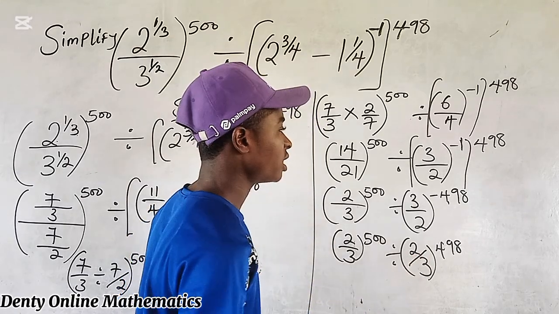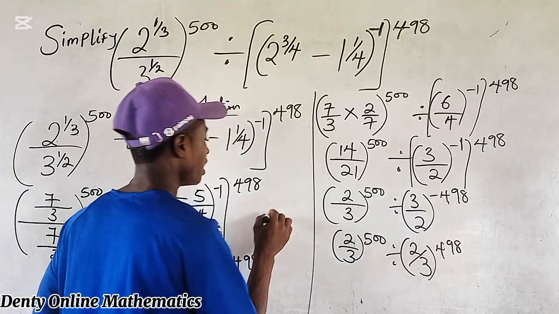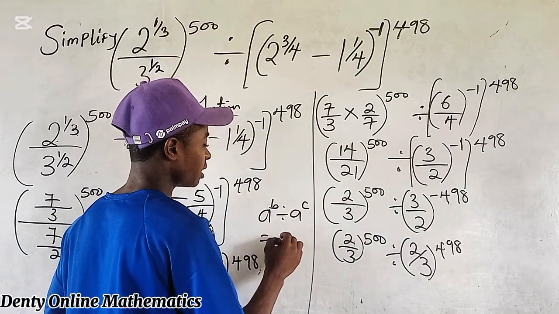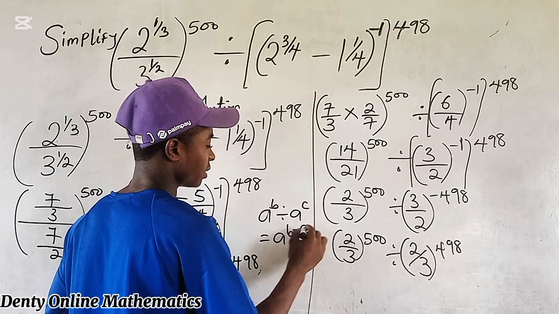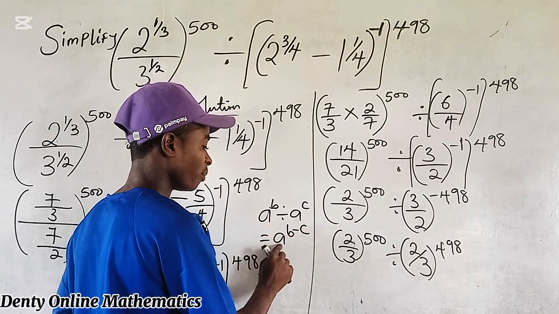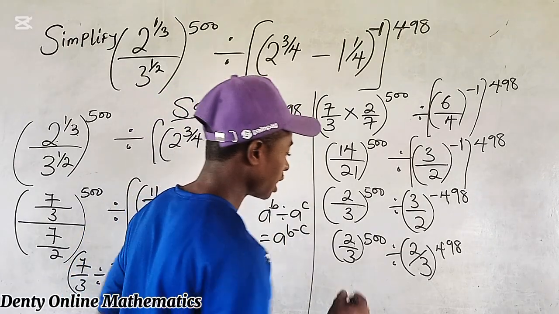And by the law of indices, if you have a raised to the power of b divided by a raised to the power of c, this is the same thing as a raised to the power of b minus c. What this means is if you have the same base and you are dividing, you can pick one of the bases and subtract the exponents.